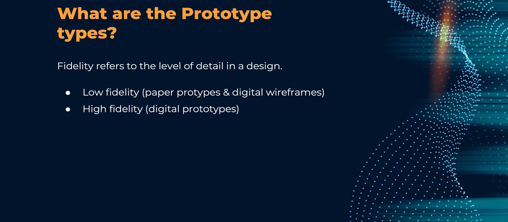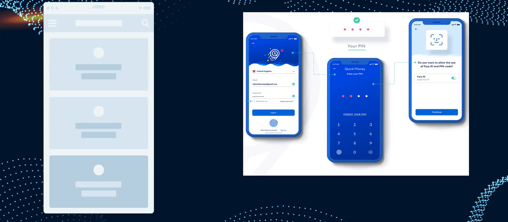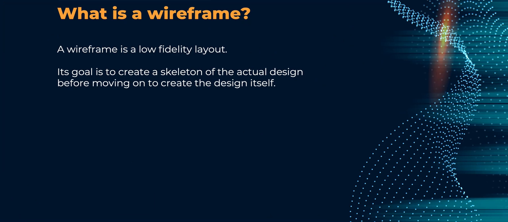An example of high fidelity prototypes are the digital prototypes that we design in tools like Adobe XD, InVision, Figma, and the rest. So these are examples of prototypes. On my left here, you see the low fidelity prototype, or the wireframe. On my right, you see the high fidelity prototype.